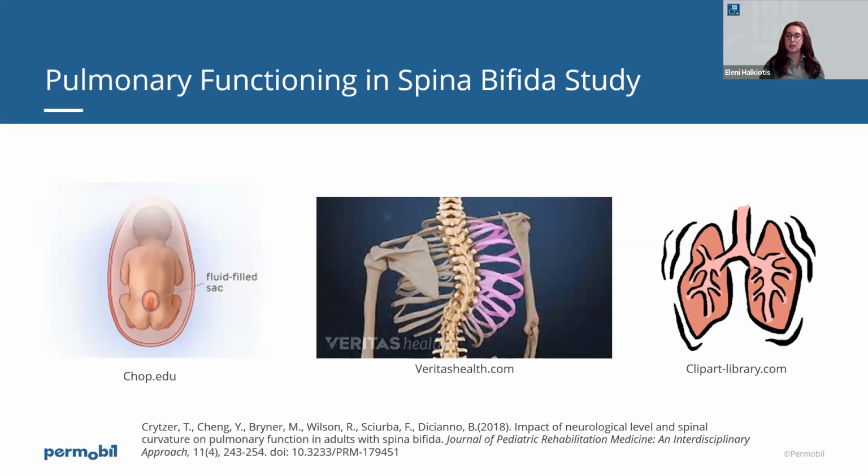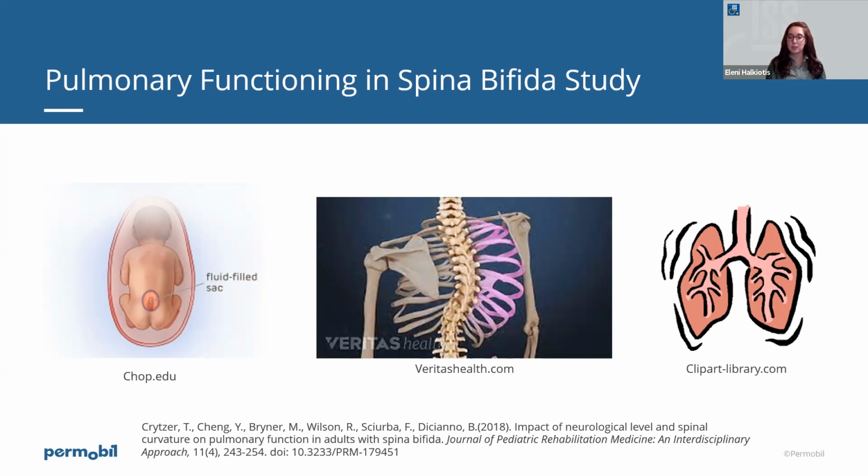Due to this incomplete or lack of innervation below the level of lesion, people with spina bifida not only require wheelchairs equipped with back supports, but also suffer complications like pulmonary dysfunction and scoliosis. This target population was selected because over half of people with spina bifida have a scoliosis.